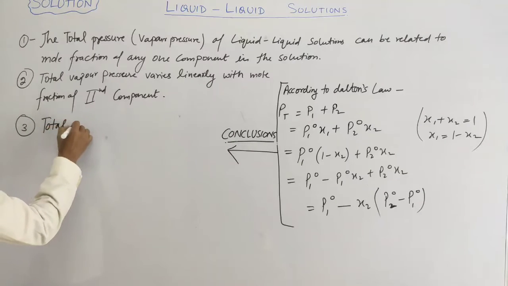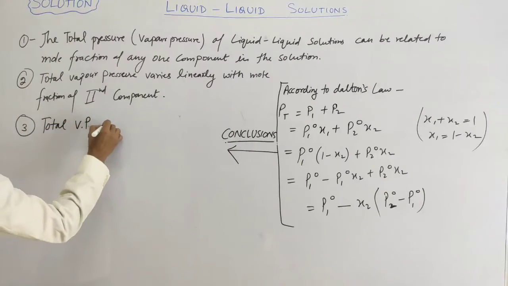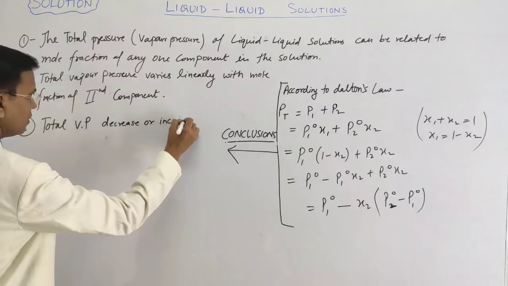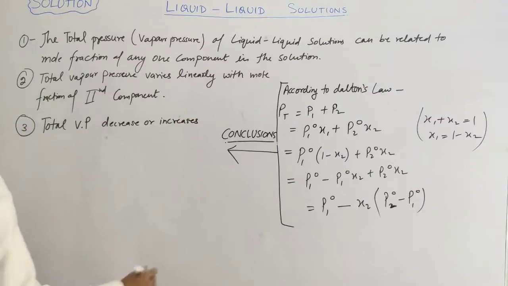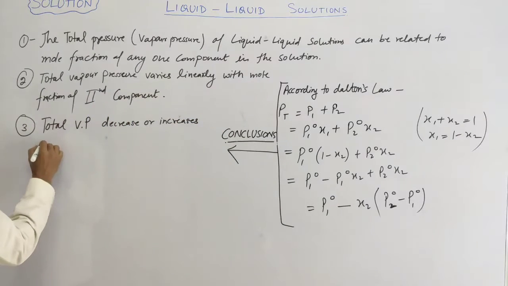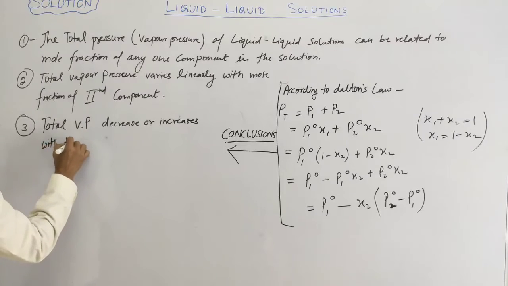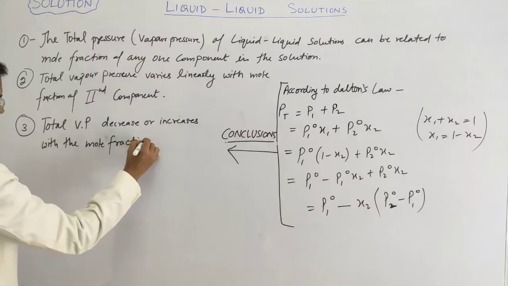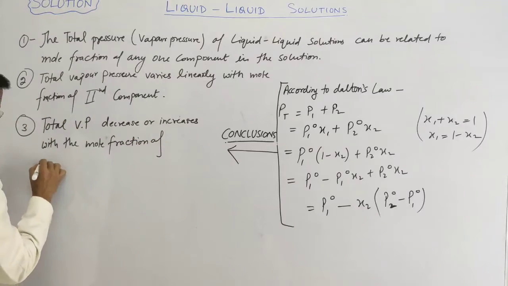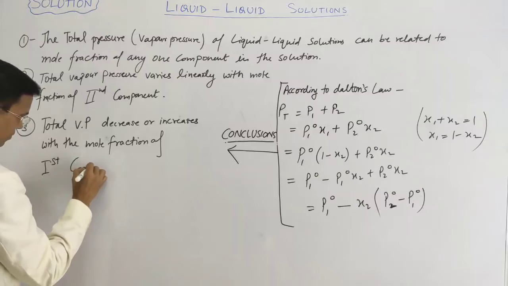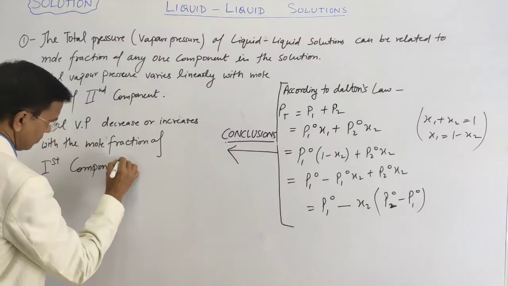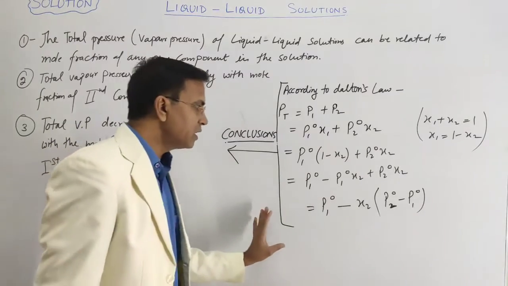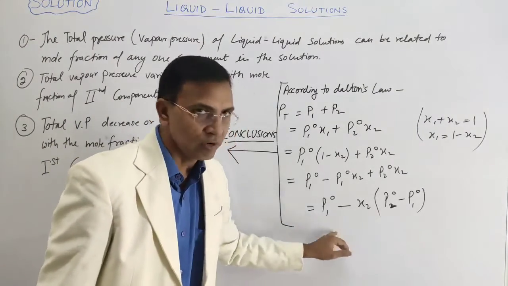So total vapor pressure decreases or increases with the mole fraction of first component, right? So these are the conclusions concluded from this equation.